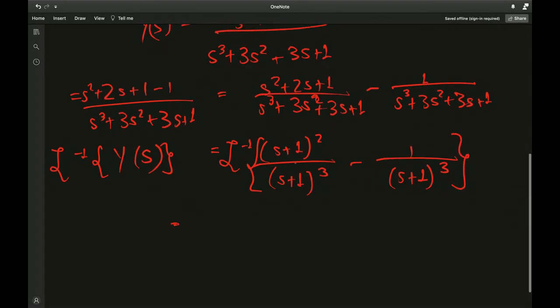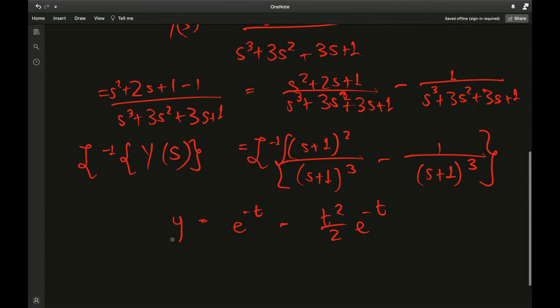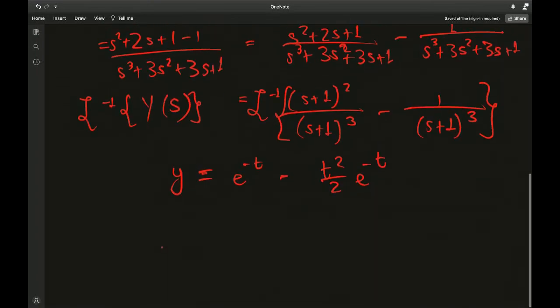So the first term is just 1 over s plus 1, which will just be e to the negative t by the shifting theorem, minus t squared over 2 and e to the negative t again by the shifting theorem. That is small y. And that indeed is a solution to the differential equation.